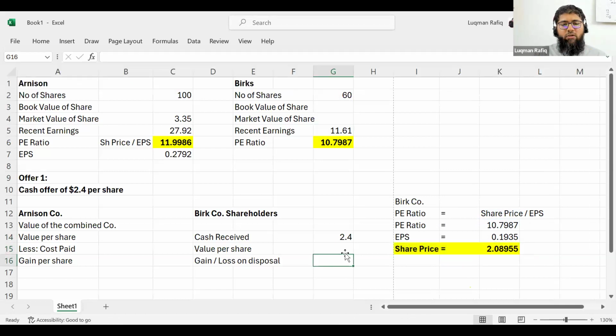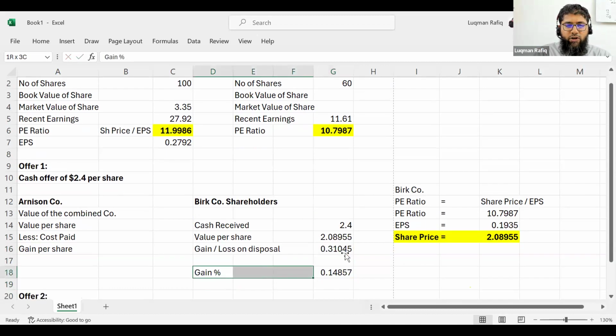So if you want to calculate the gain from the perspective of Burke company shareholders, they're receiving $2.4 per share. What was the value of their share? It was this. So they are actually getting this gain, 0.31045. The gain percentage is simply this gain on disposal divided by the value per share, so 14.857% is what they are getting.